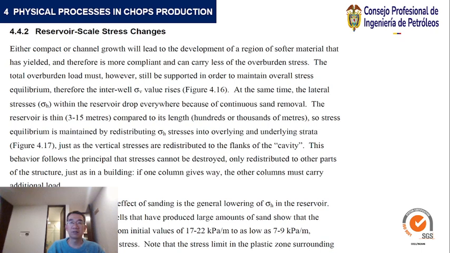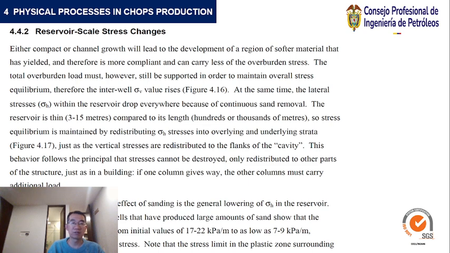At the same time, the lateral stress within the reservoir drops everywhere because of the continuous sand removal. The reservoir is thin compared to its length, so stress is maintained by redistributing stress into overlying and underlying strata, just as the vertical stress is redistributed to the flanks of the cavity.